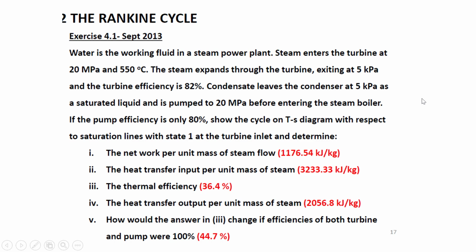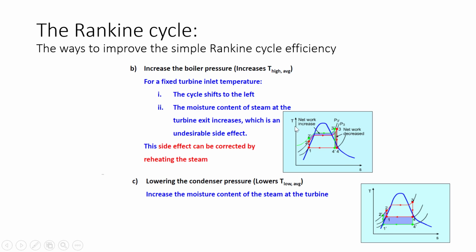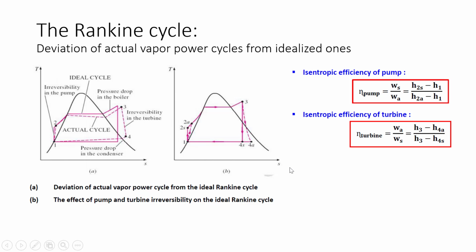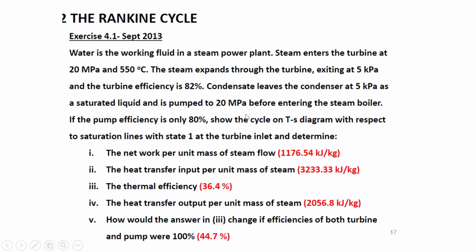Okay, yang ni awak kena lukis balik lah dia punya TS diagram tu. Okay, make sure lukis TS diagram ni lah, supaya senang nak tengok soalan ni. Okay, and then dikata the pump efficiency adalah 80%. Okay, ini adalah pump punya isentropic efficiency, 80%.